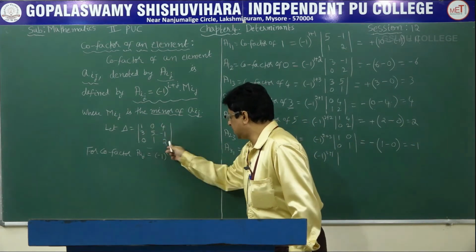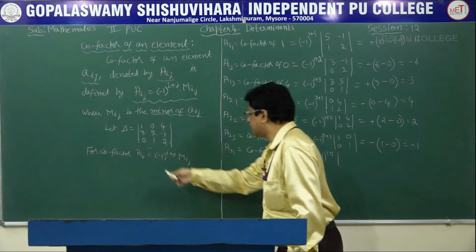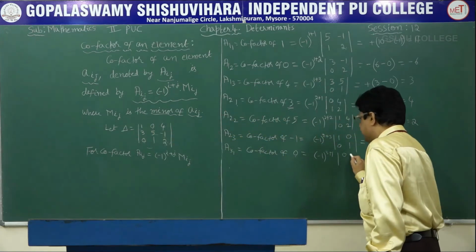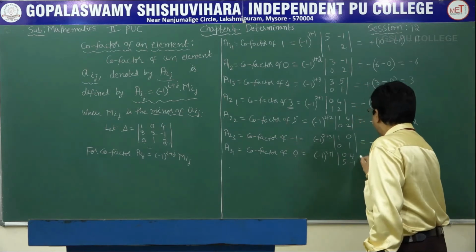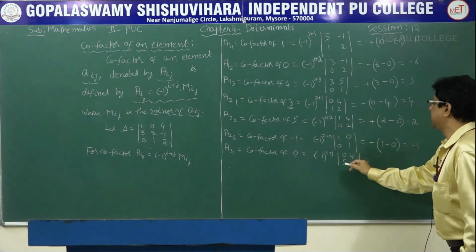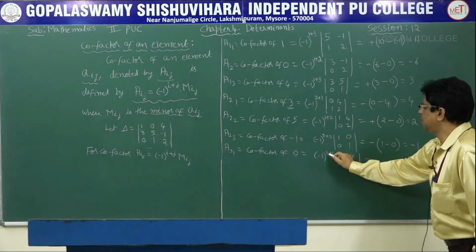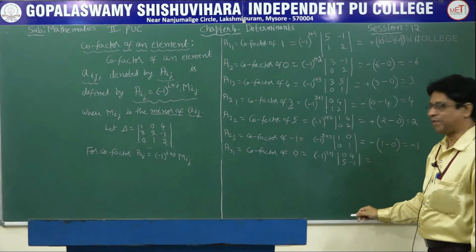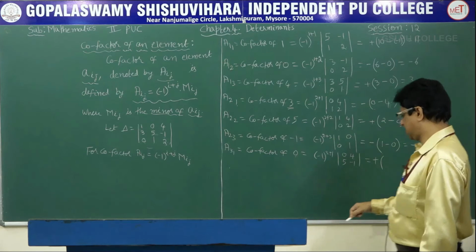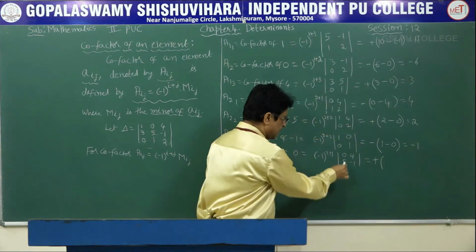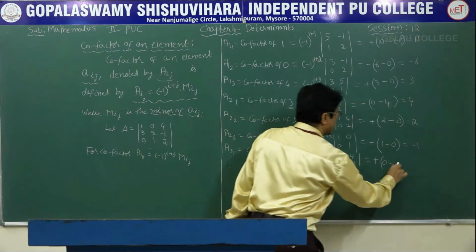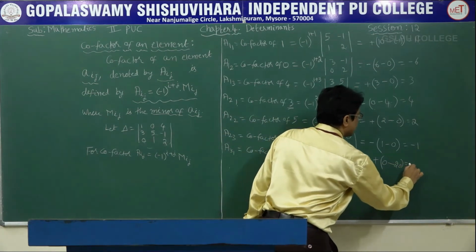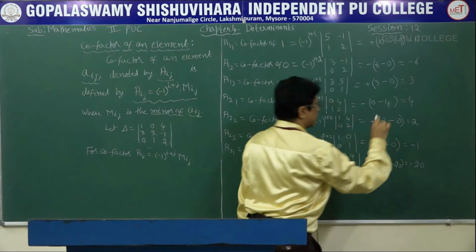I eliminate the third row and first column and take the determinant of the remaining elements, that is [0, 4; 5, -1]. That will be equal to 3 plus 1 is 4, (-1) to the power of 4 is plus 1, into (0 into -1, 0, minus 4 fives is 20), which will be equal to -20.